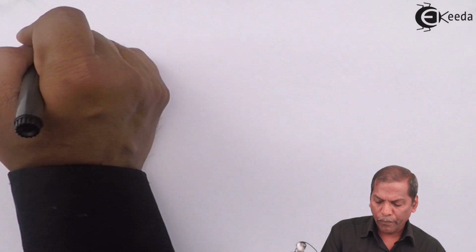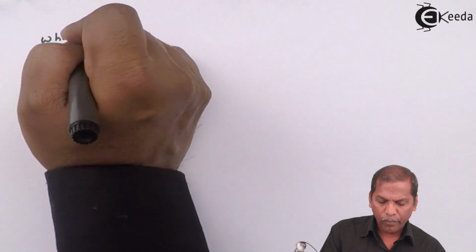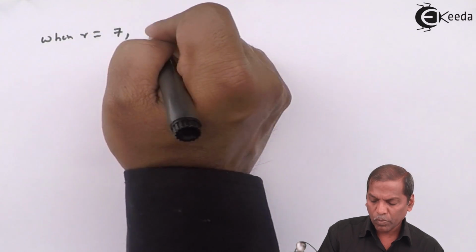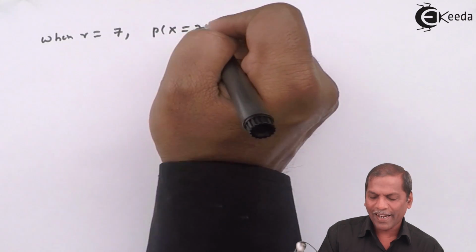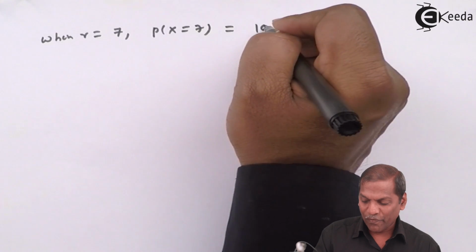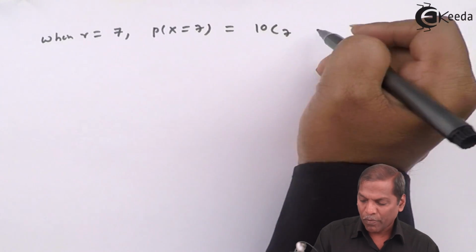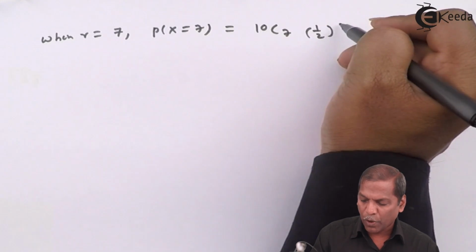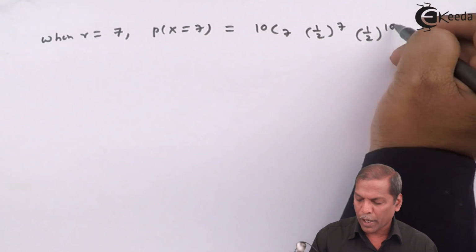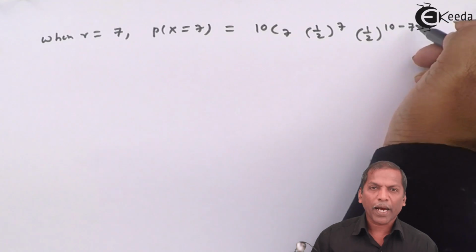Then when r is equal to 7, probability x equal to 7 is equal to 10c7 into 1 by 2 raised 7 into 1 by 2 raised 10 minus 7.